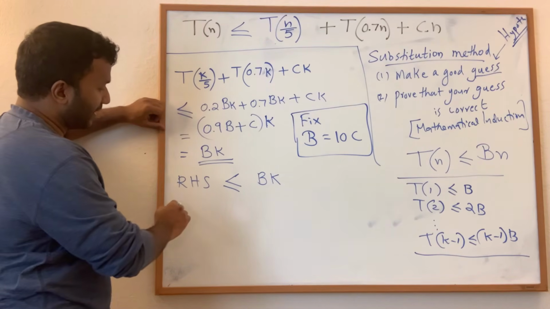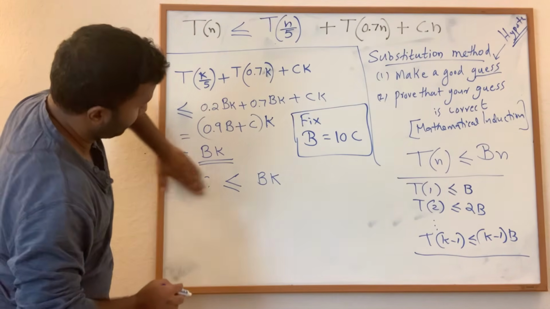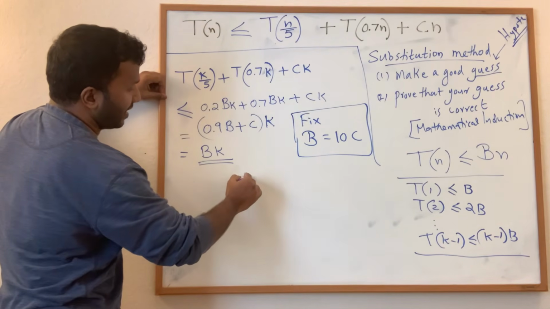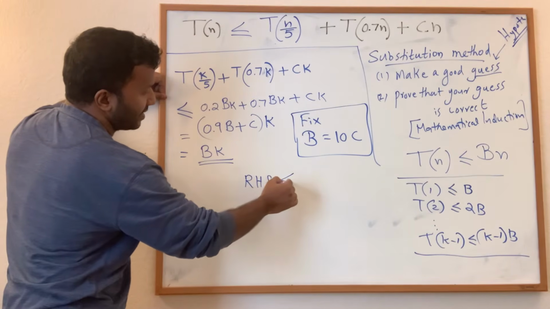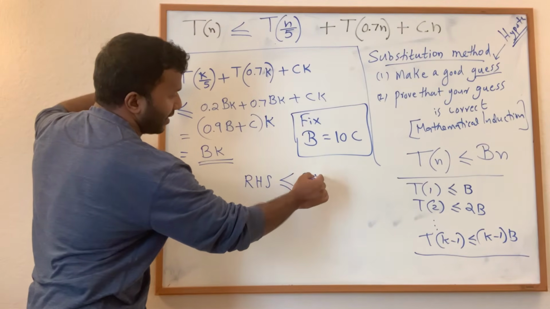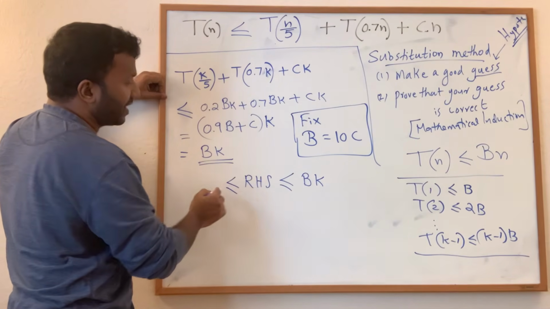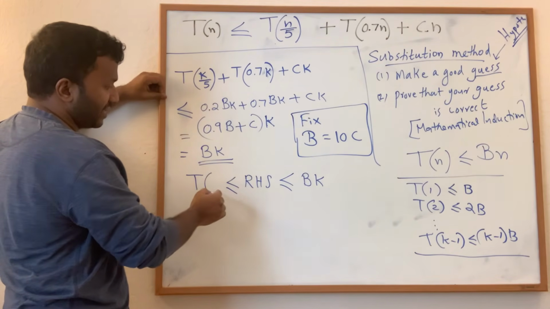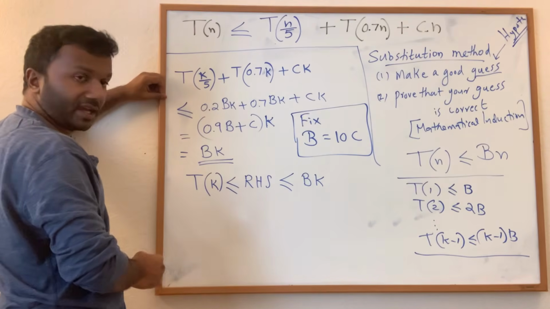And we know that the RHS, the right hand side, is less than or equal to bk, and we know that the left hand side is anyway less than or equal to Tk.